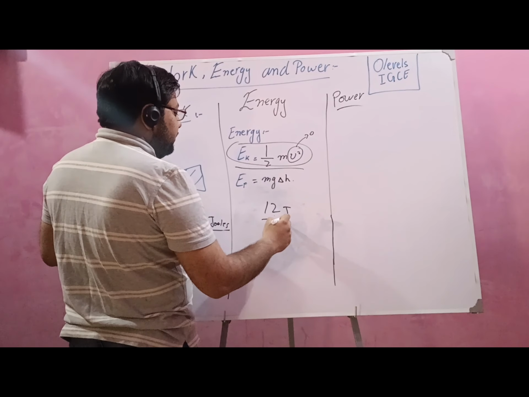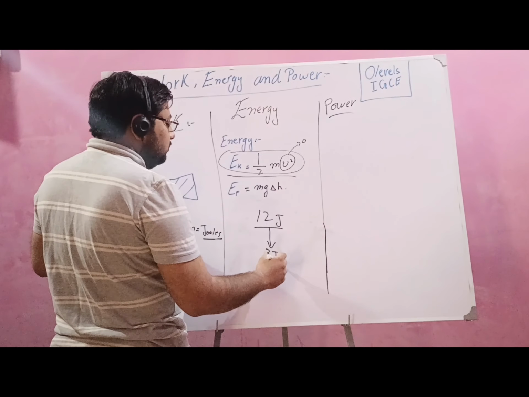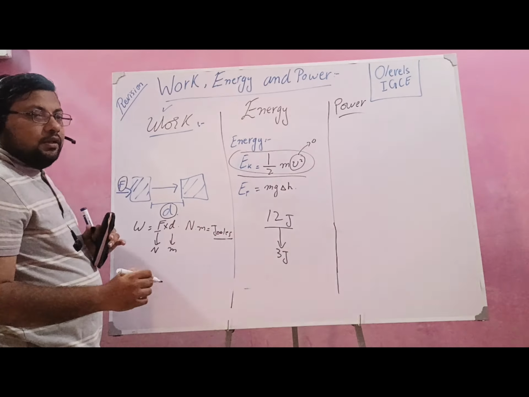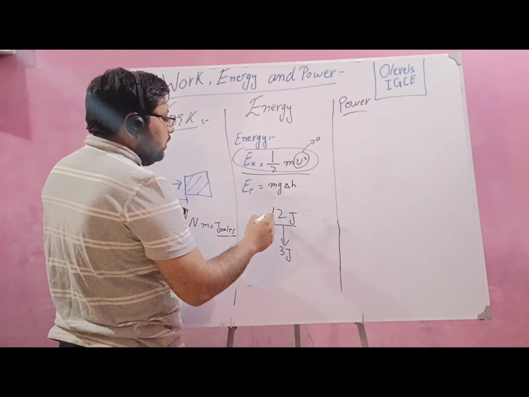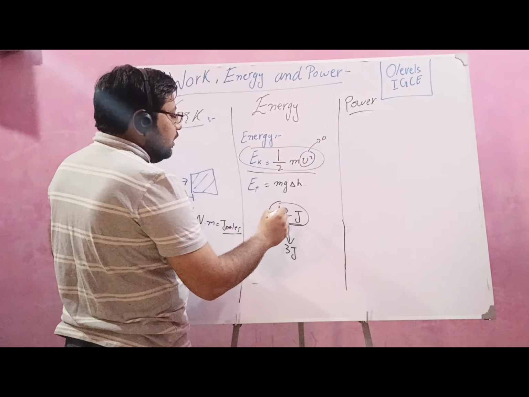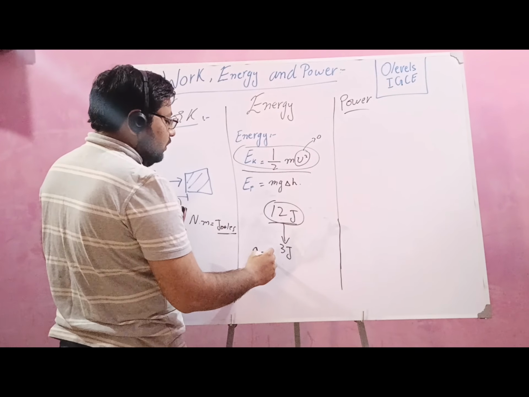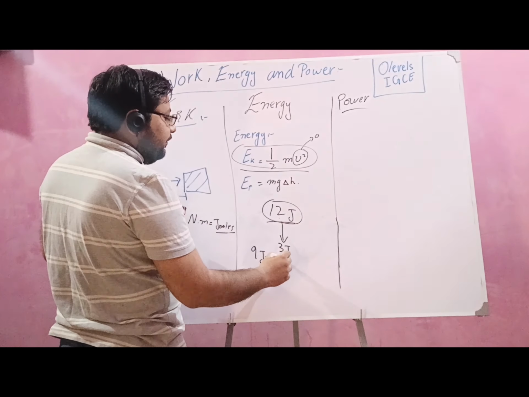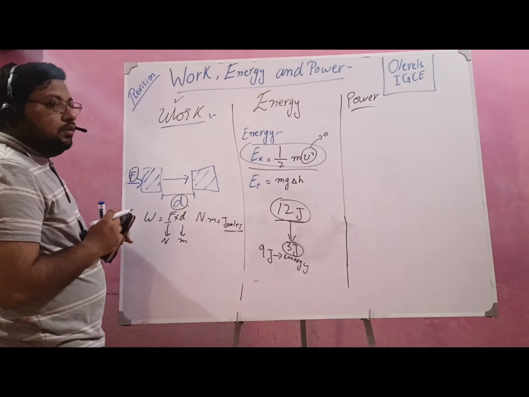From this 12 joules, only 3 joules of work is done. So 12 minus 3 leaves 9 joules of energy, and 3 joules is utilized to do work.